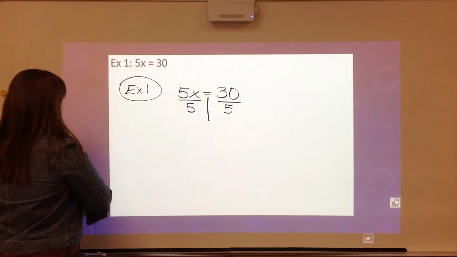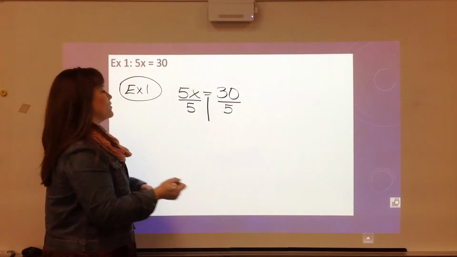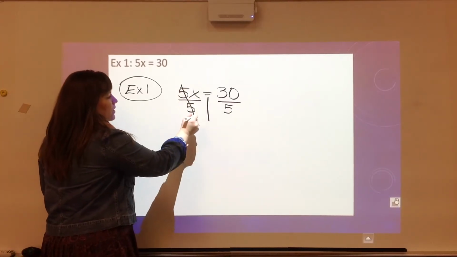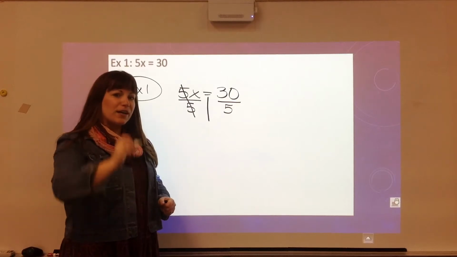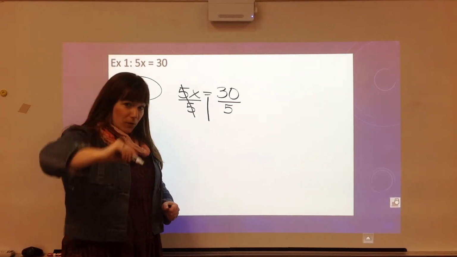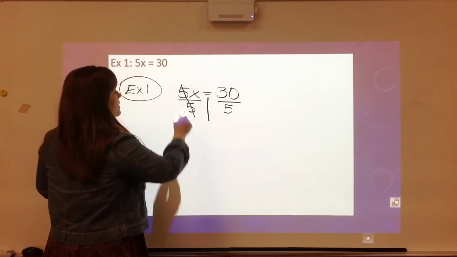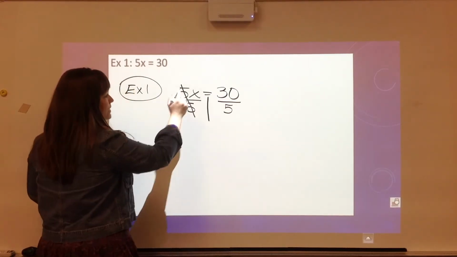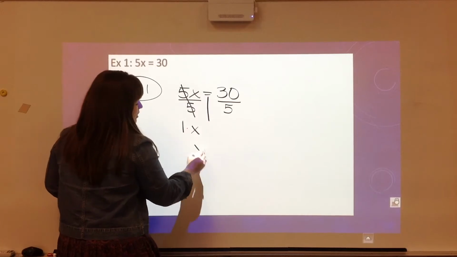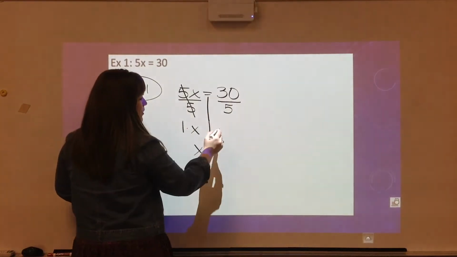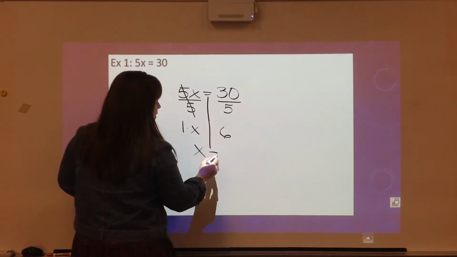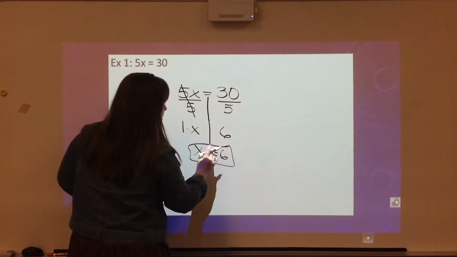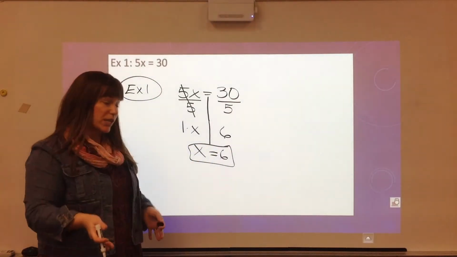So because of that, you don't have to write all that. All you have to do is draw a line, and when you're doing that, it's like you're doing the number 1, even though it's a little slanted, because 5 divided by 5 is 1, and it works, and 1 times x is just going to be x. 30 divided by 5 is going to be 6, and so now we have our answer, x equals 6.